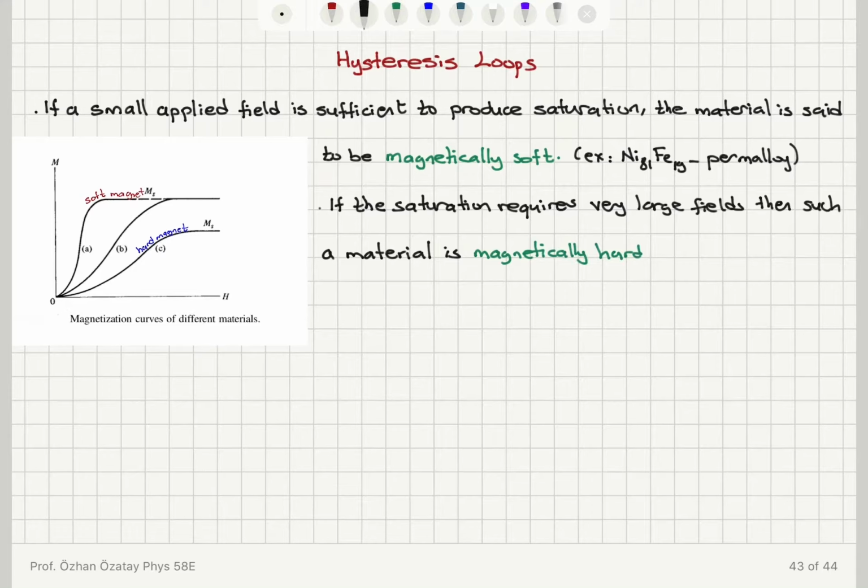Permanent magnets fall into this category, for example, neodymium iron boron. Permanent magnets are very hard to magnetize.